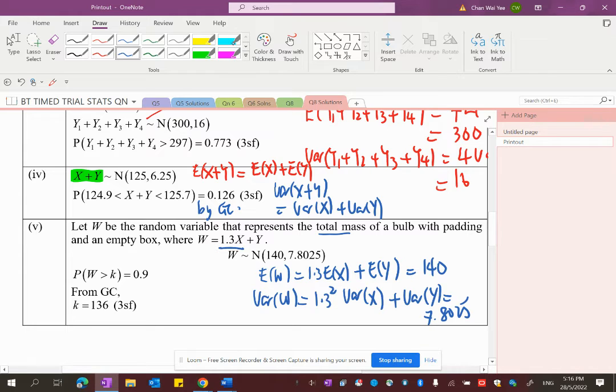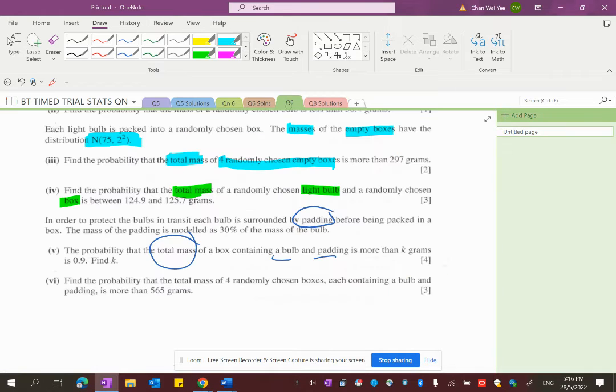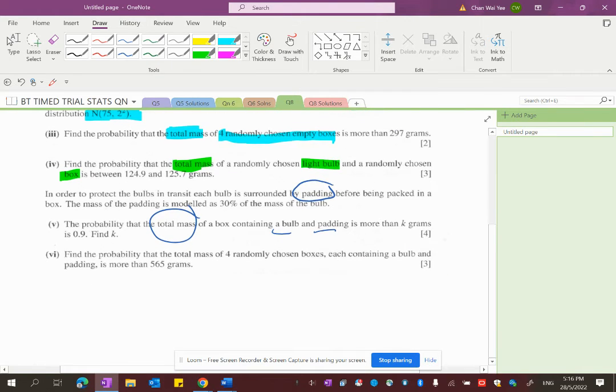Okay, so take note there is a square here for 1.3. So knowing that the probability of W more than k is 0.9 is given, using inverse norm from the graphing calculator, rounding off to three significant figures, I should have k equals 136. Okay, so please check.